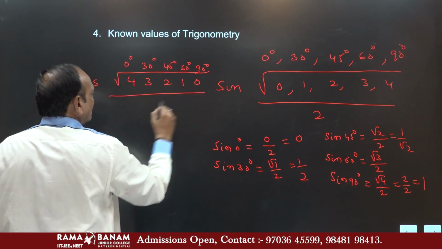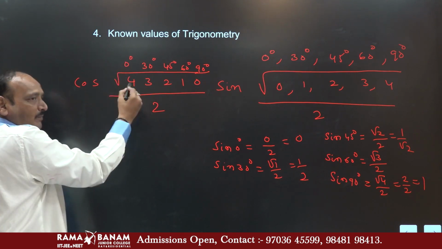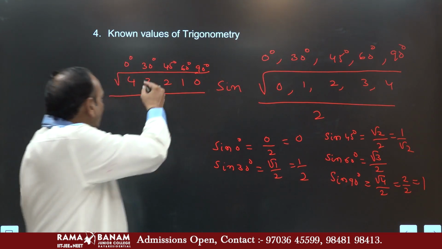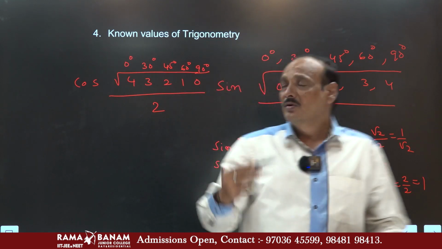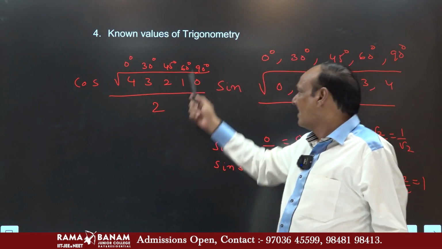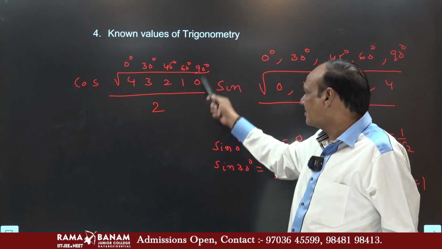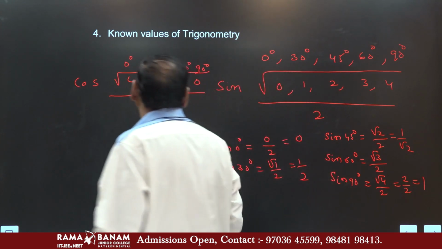So, cos 0, root 4 by 2, 2 by 2, 1. Again cos 30 degrees, root 3 by 2. Again cos 45 degrees, root 2 by 2, 1 by root 2. Again cos 60, root 1 by 2, that is 1 by 2. And cos 90, root 0 by 2, that is 0.